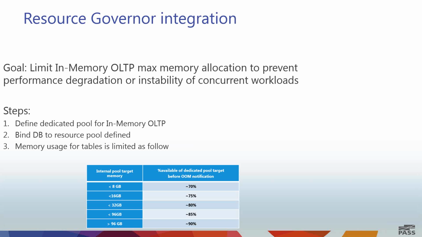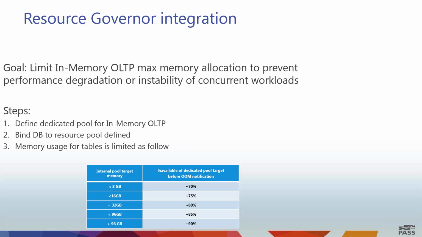So what you would do in this scenario is create a dedicated resource pool for your database. You bind your database to the resource pool, and then you configure the maximum amount of memory that can be used by this pool. In addition, within the pool, there is a certain maximum percentage of memory that we use for table data, because we may need to use some additional memory for further processes like garbage collection and transaction management.